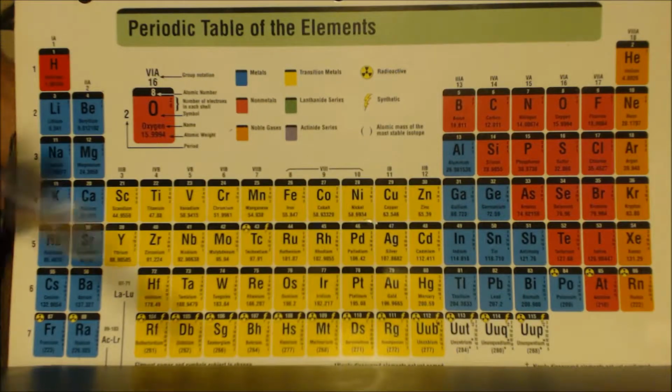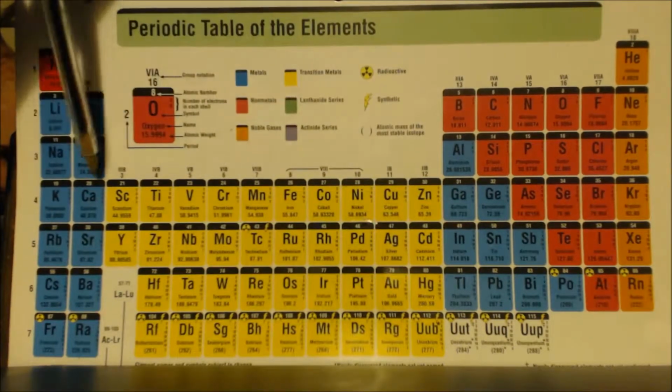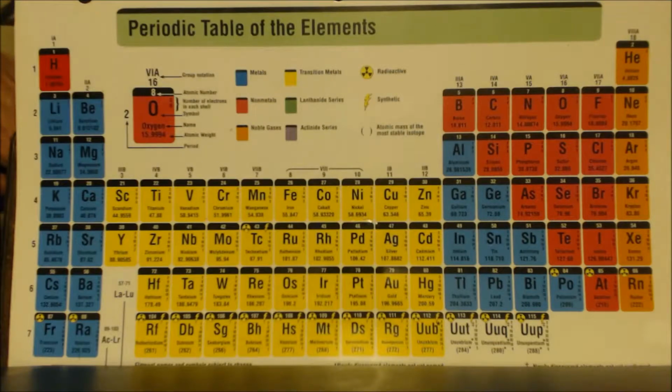But if you filled up all your d's, you could also have 18 in your shell 3. You know what I mean? And as you go down, then you got your f orbitals, and there are different exceptions to the rule. But I'm not going to get into all that. The important thing is that you need to understand that when you have a full shell, then you are the greatest. You are so stable it's unreal.